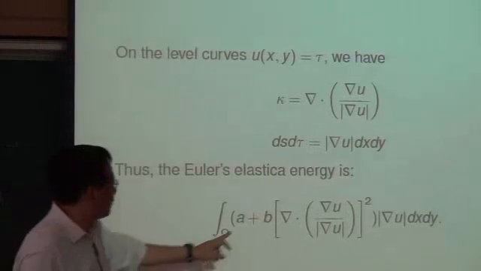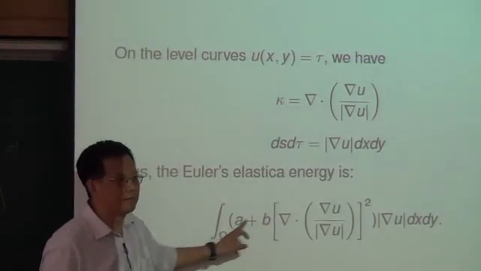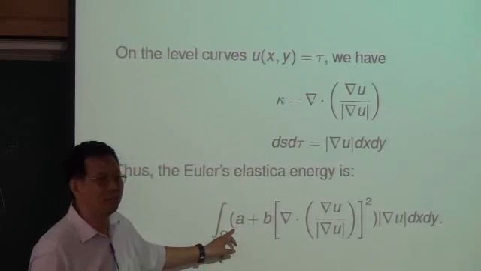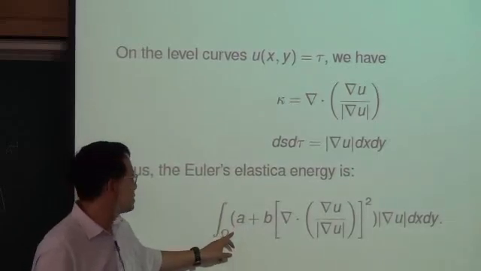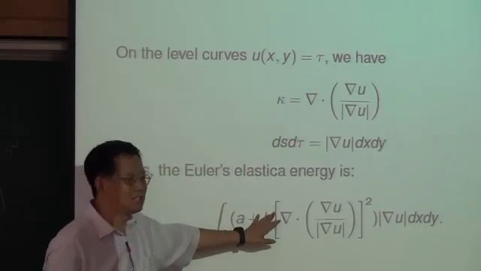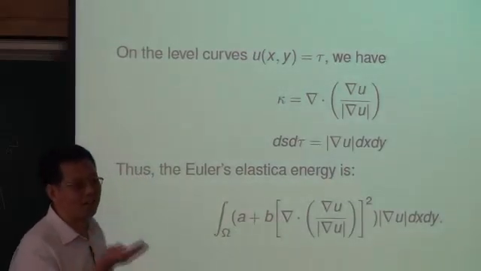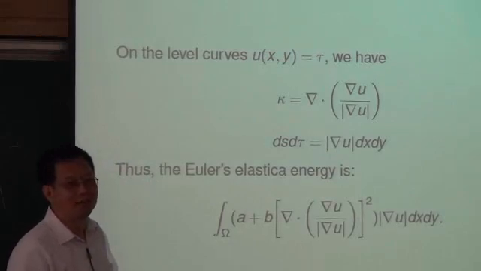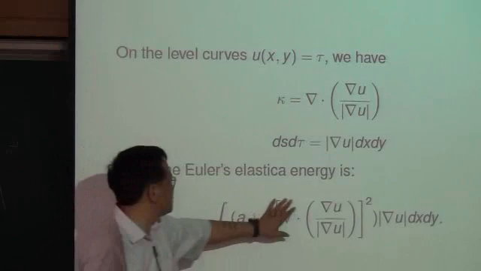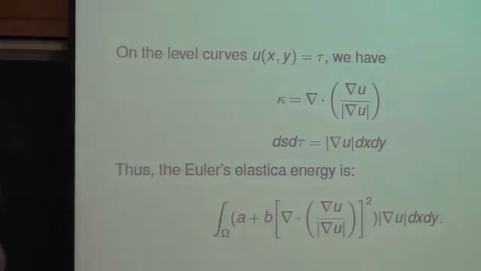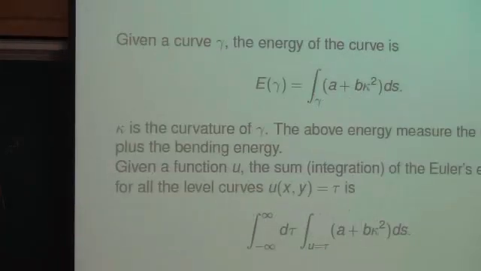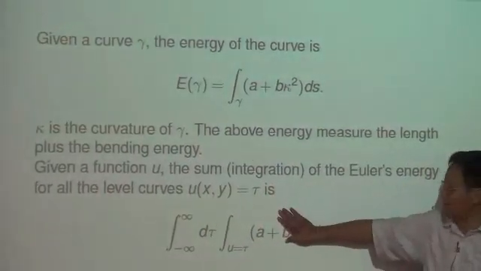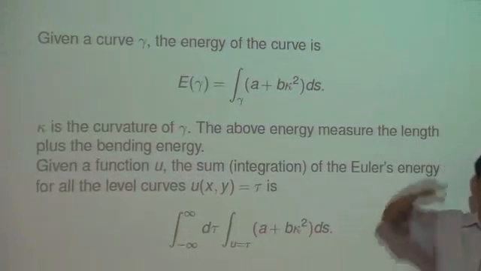So therefore you see that if b equal to 0, this reduces to the TV, the total variation. And this also shows that minimizing the TV is minimizing the sum of the length of all the level curves, right? Because if you take b equal to 0, you just calculate the length of all the level curves and then integrate over all the levels.